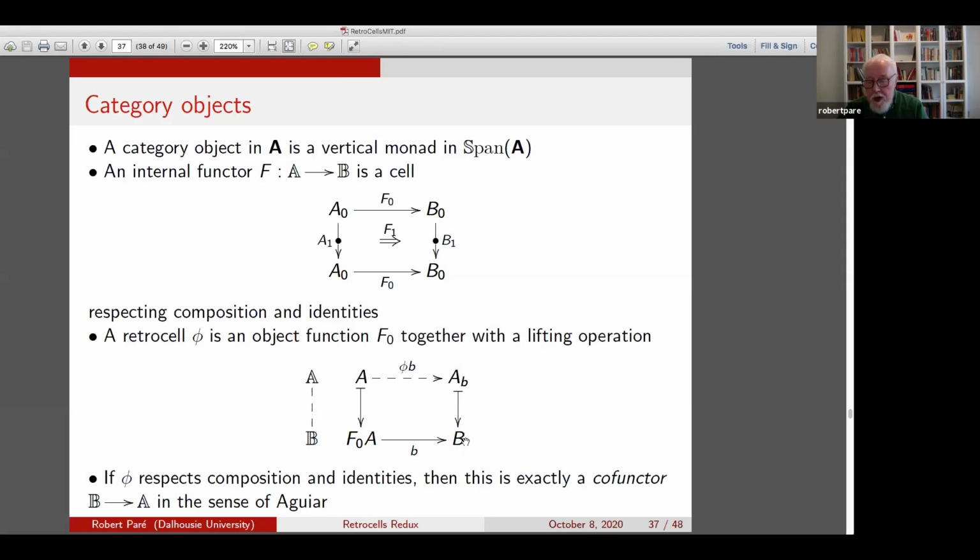So now you've got another arrow, B prime, going out of F of AB. So you can lift it. You can compose these two, this is in a category, and it's the same thing as lifting B prime B all at once. Is that okay? Does that work, David? Yes, he gave me the thumbs up. Great.